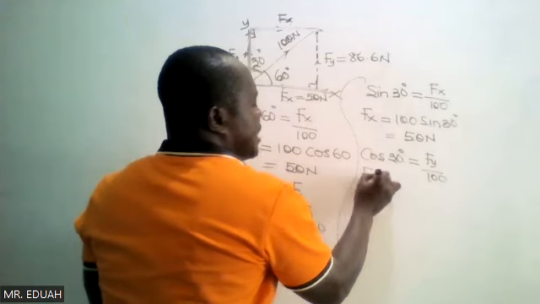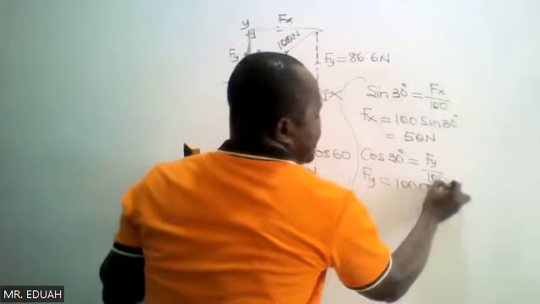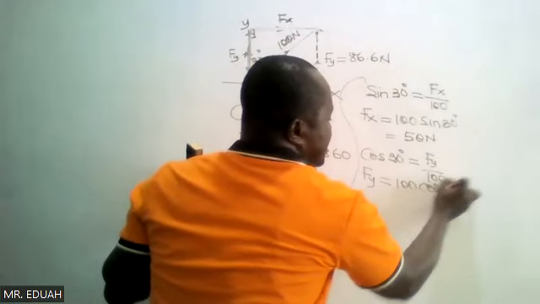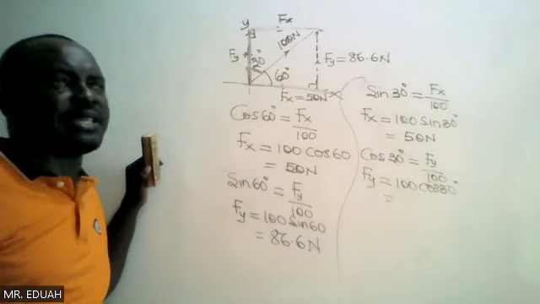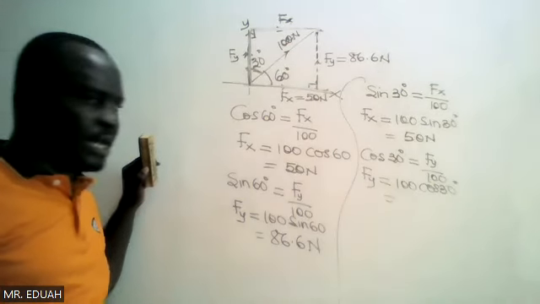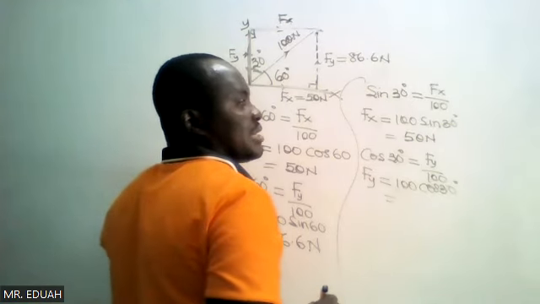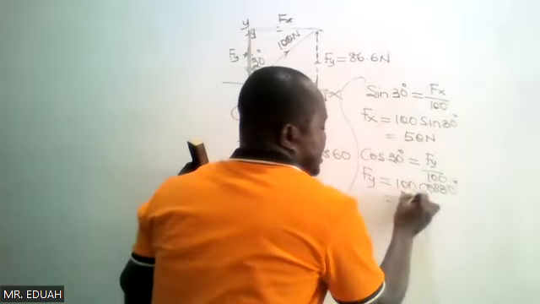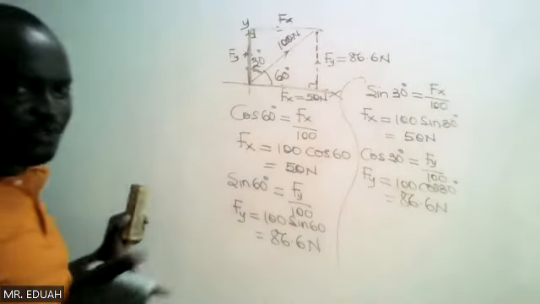Therefore, Fy is equal to 100 cos 30. Cos 30 degrees is 0.866. Therefore, 0.866 times 100, we have 86.6 Newton. And we are getting the same value.